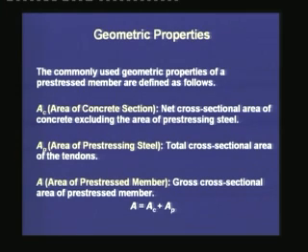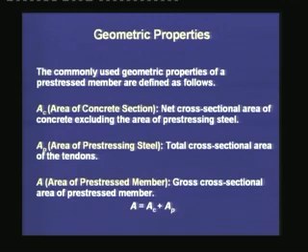The commonly used geometric properties in this prestressed member are explained in this slide. AC is the area of the concrete section. That means, given the total section of the member, if we subtract the area of the prestressing steel, then the remaining area of the concrete is termed as AC.